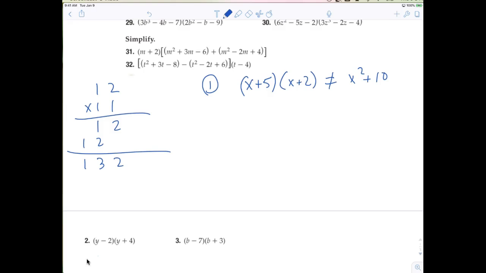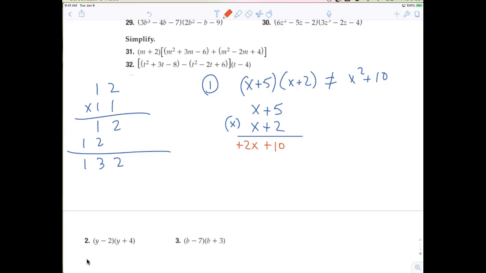To show you the pattern, you're going to write it as a multiplication problem with them stacked on top of each other. Why do we do that? Because that's exactly how you did 11 times 12. Let me show you. Positive 2 times positive 5 is a positive 10. Positive 2 times x is a positive 2x.